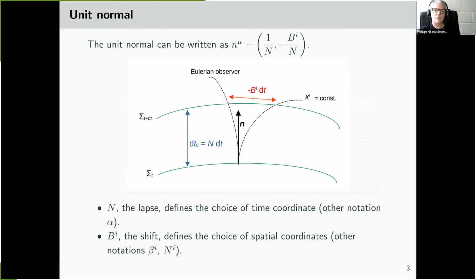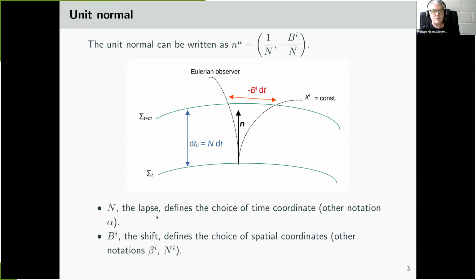There are various quantities that you can now define and that are very useful. Essentially, you can say that this N here is the lapse function. It's essentially the temporal component of the normal, and the spatial component of the normal is described by something called the shift.